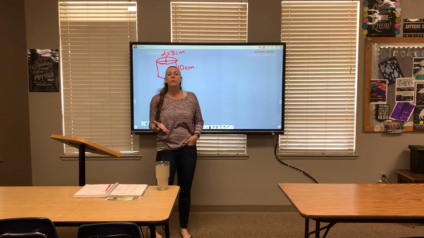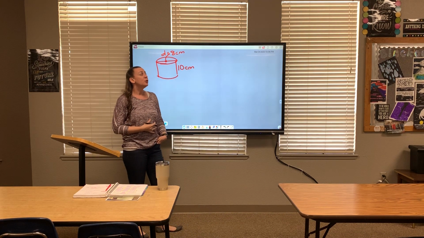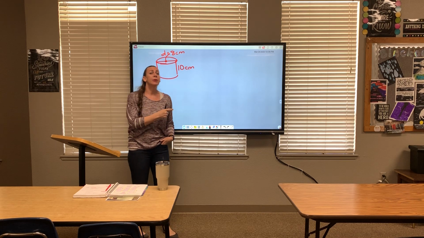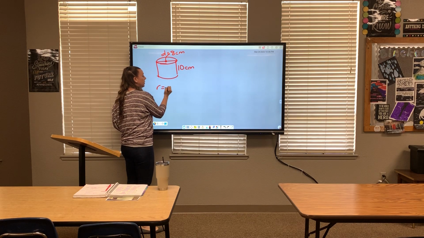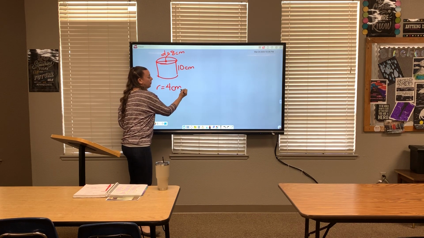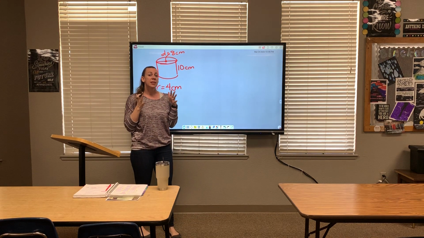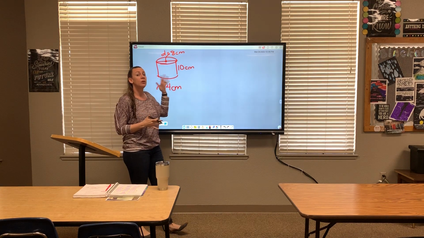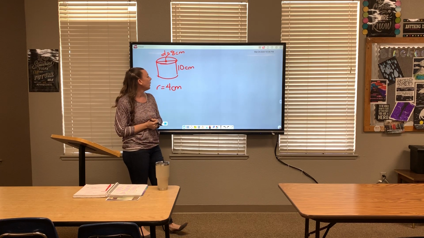Remember with our formulas, we only need the radius, okay? So we're going to find the radius. If the diameter is 8 centimeters, that means our radius is half of that, which is 4 centimeters. So remember, you only need the radius. If they give you the diameter, just take half of that. The diameter is 2 times the radius, okay?